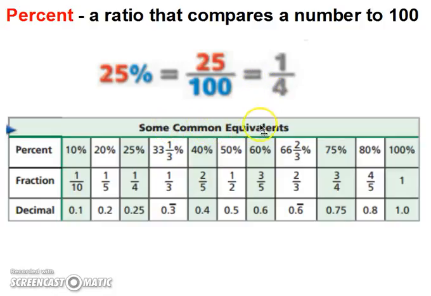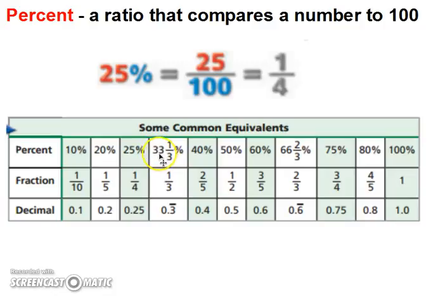These are some common equivalents. So 10% as a fraction is 1/10, and as a decimal is 0.1. 20% as a fraction is 1/5, and a decimal would be 0.2. 25%, just like above, the fraction is 1/4 and 0.25.